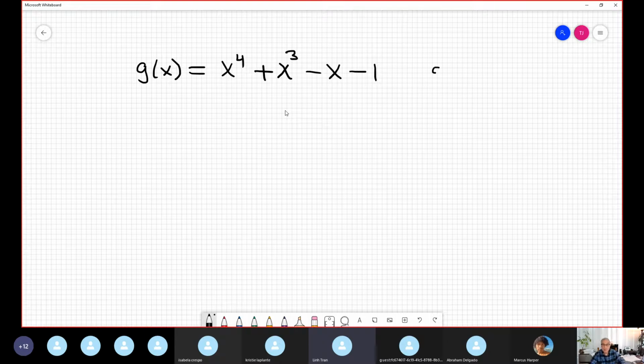What is the degree? 4. Therefore, when you finish that problem, we expect 4 zeros. Number of zeros is 4. Including repetition, including complex or imaginary, because imaginary is a particular example of conjugate.